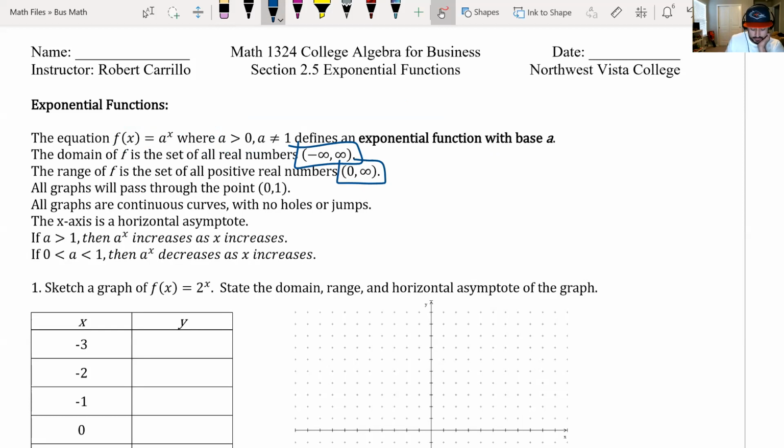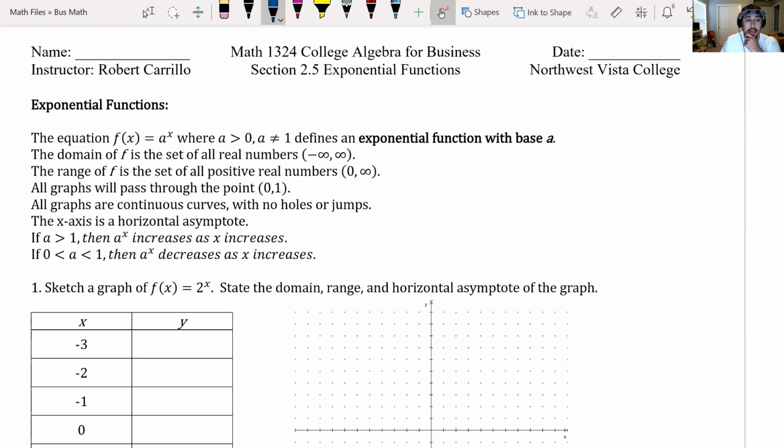The graph of the exponential function will pass through the point (0, 1), and all exponential graphs are continuous with no holes, no breaks, no jumps in the graph. It's one continuous curve. Okay. The x-axis is the horizontal asymptote. Remember that the horizontal asymptote is a line that we approach but may never touch.